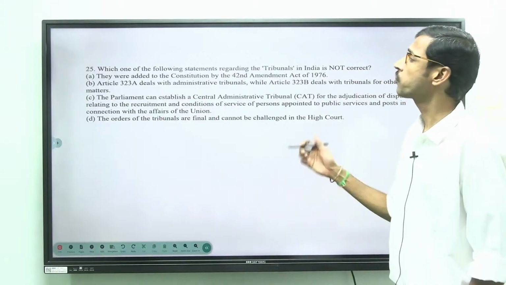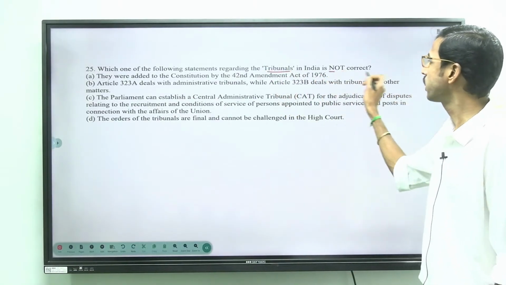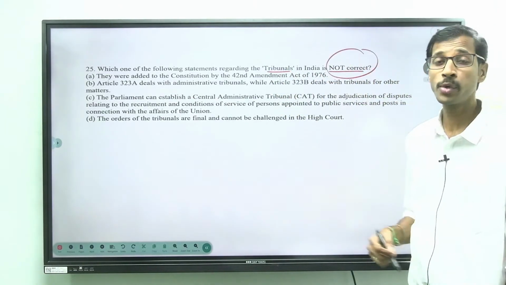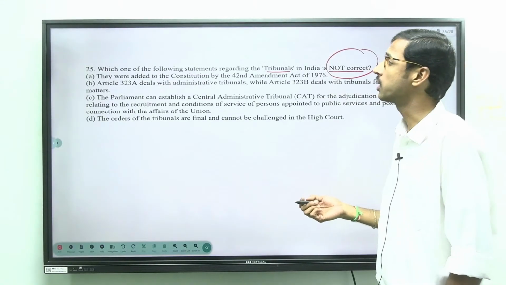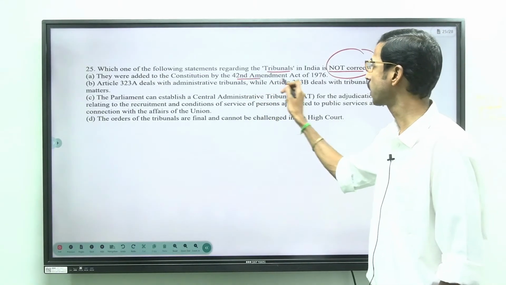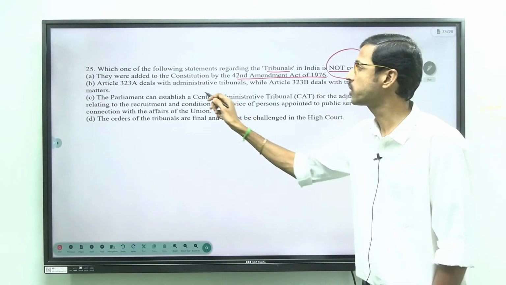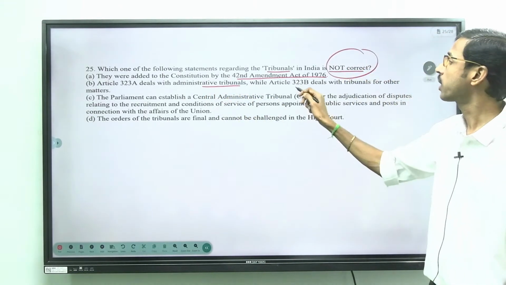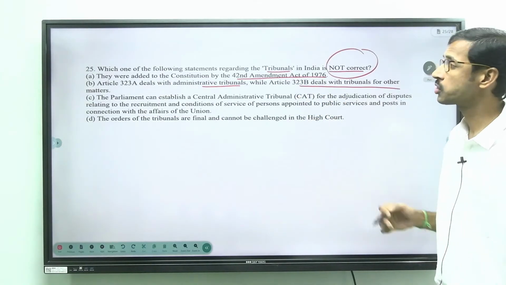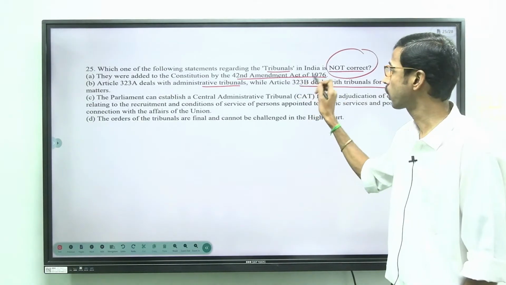Which one of the following statements regarding the tribunals in India is not correct? Tribunals, this is a very important concept. They were added to the Constitution by the 42nd Amendment Act of 1976. Article 323A deals with administrative tribunals, while Article 323B deals with tribunals for other matters. These two are correct.